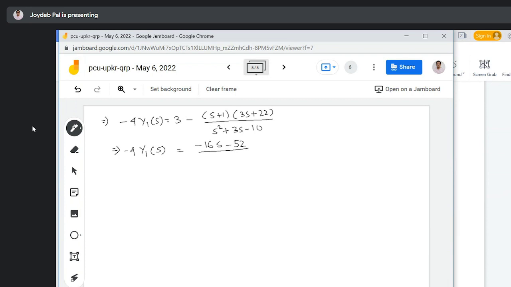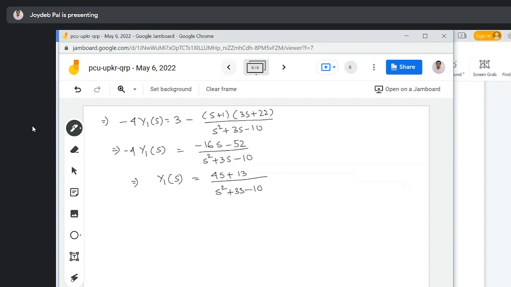Just check the calculation. Therefore y1s equals divided by -4, so (4s plus 13) divided by (s square plus 3s minus 10).